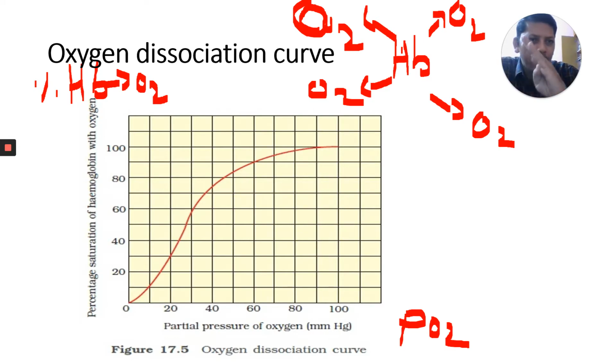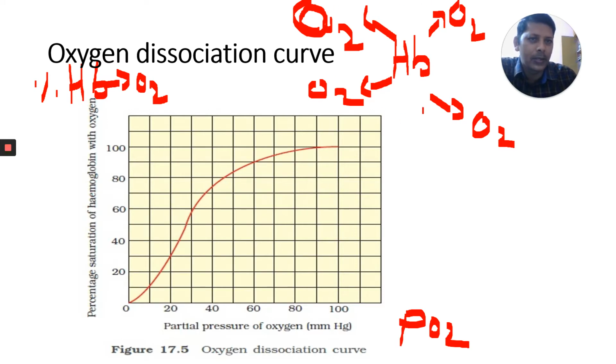You haven't reached the saturation point yet. If it is bound with 4 oxygen molecules, hemoglobin is completely saturated with oxygen.